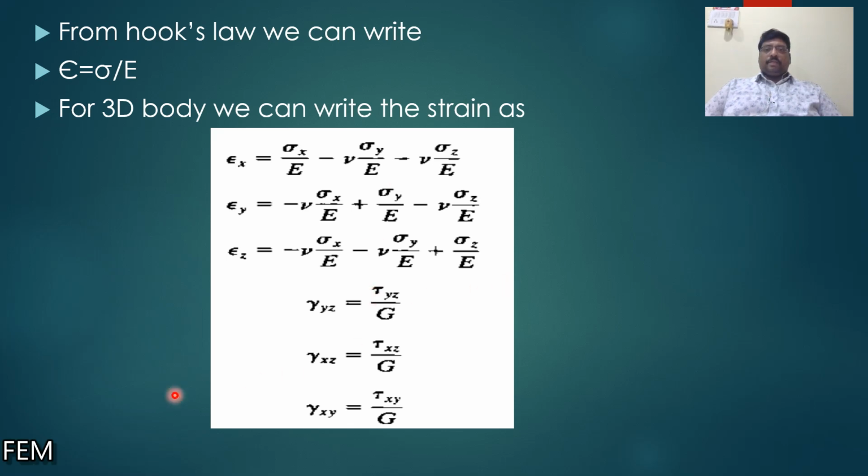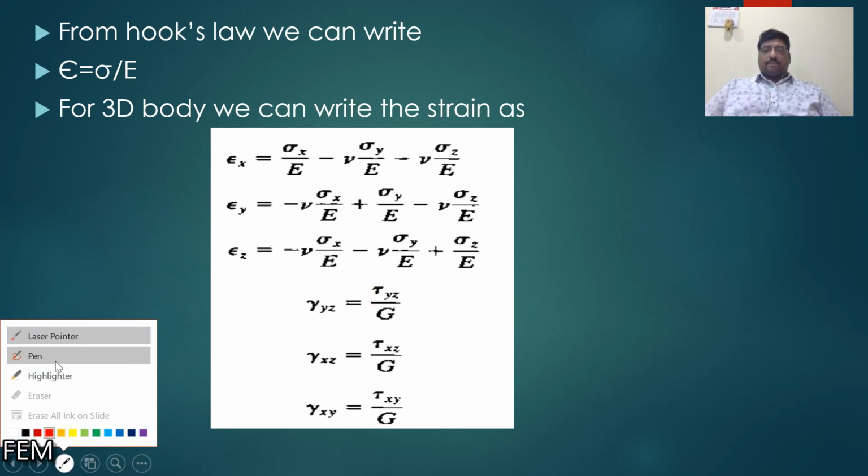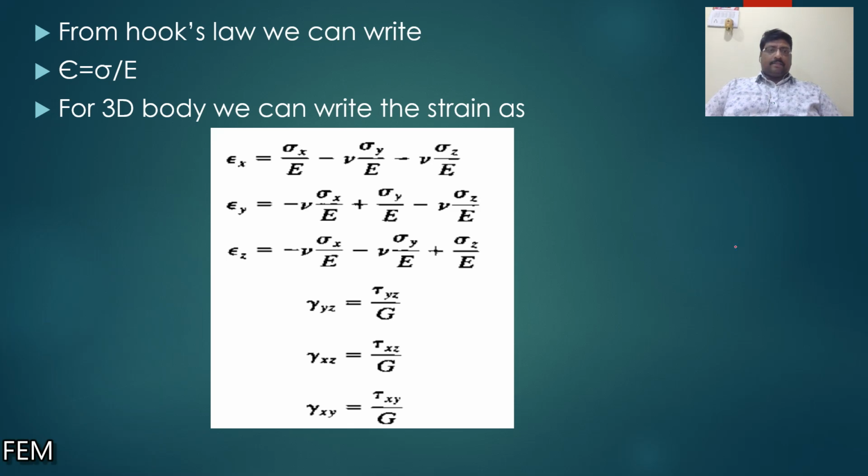If I consider a plane element like this, assumed to be a 2D element, and apply the load in the x direction, the body tends to elongate. Whenever the elongation takes place, the height of the body is reduced.